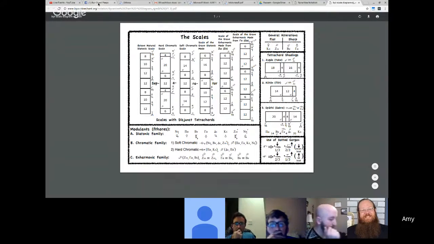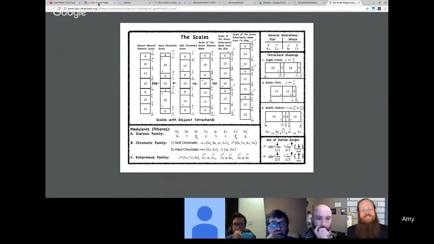So I really feel like in order to read the Fthora fluently, you really have to get these pitch relationships in your head, in your ear, and you have to build this kind of structure in your head.